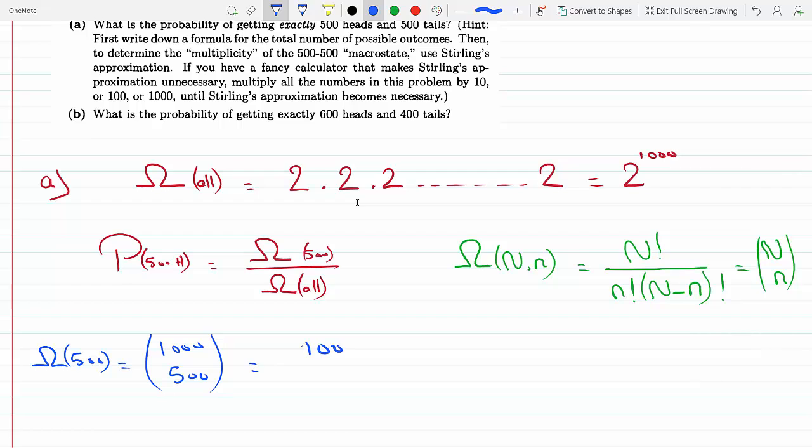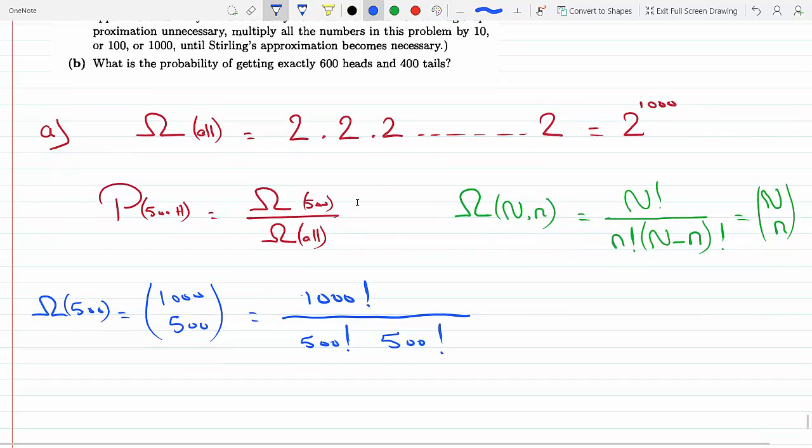So this is 1,000 factorial over 500 factorial times 1,000 minus 500, which is 500 factorial. Again, 1,000 factorial is all the numbers multiplying each other till you get to 1,000.